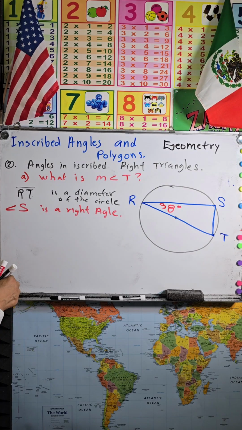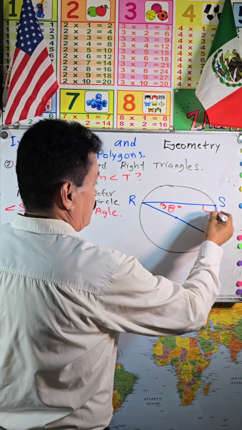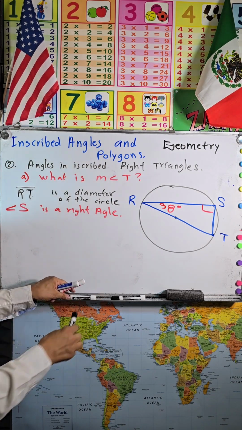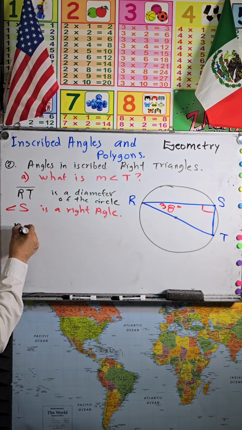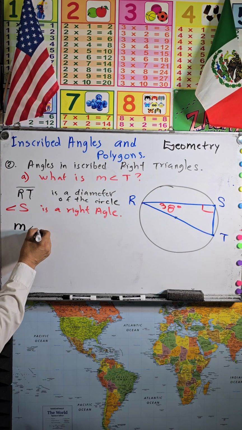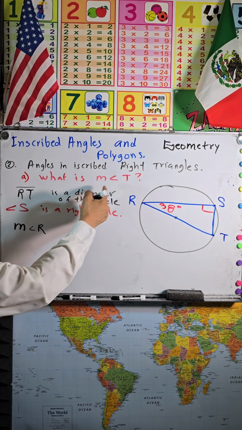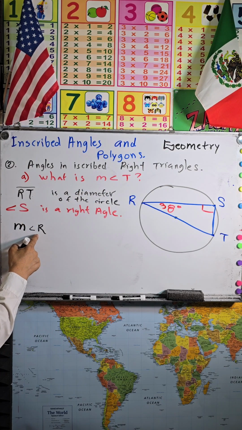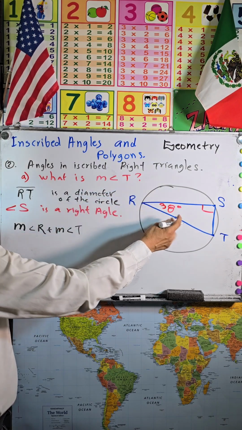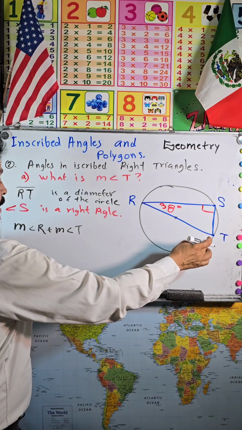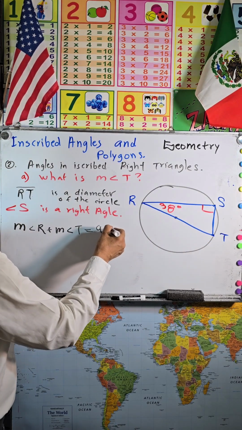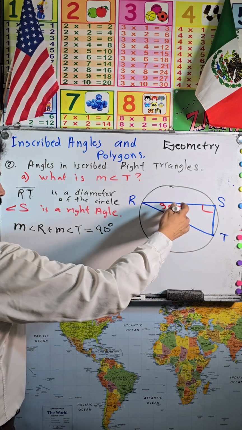So we are able to write M right here. Remember the formula: the measure of angle R plus the measure of angle T are equal to 90 degrees, because it's a right triangle.